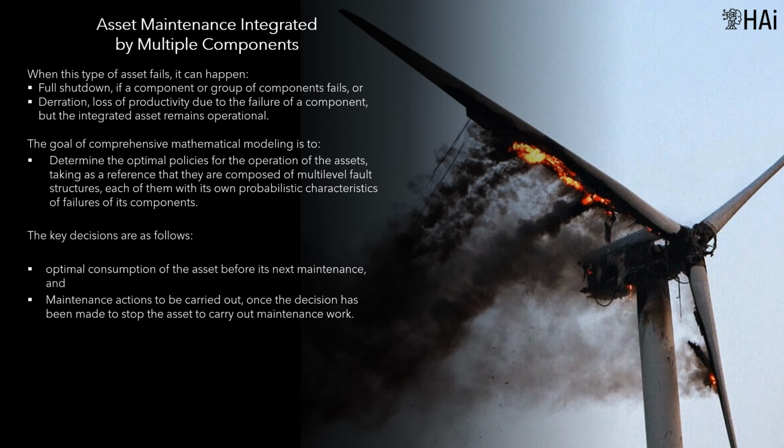The goal of comprehensive mathematical modeling is to determine the optimal policies for the operation of the assets, taking as a reference that they are composed of multi-level fault structures, each of them with its own probabilistic characteristics of failures of its components. The key decisions are as follows: optimal consumption of the asset before its next maintenance, and maintenance actions to be carried out, once the decision has been made to stop the asset to carry out maintenance work.